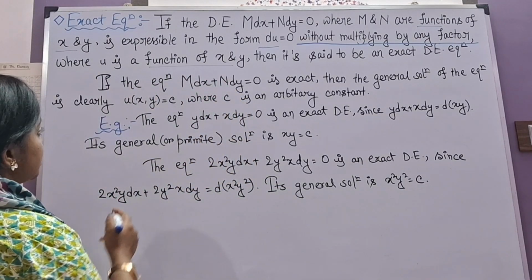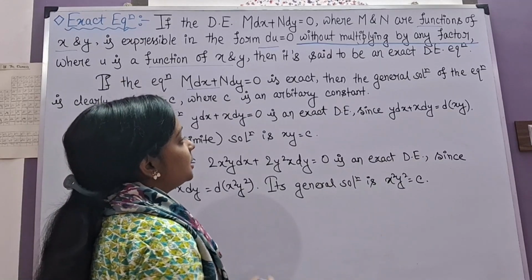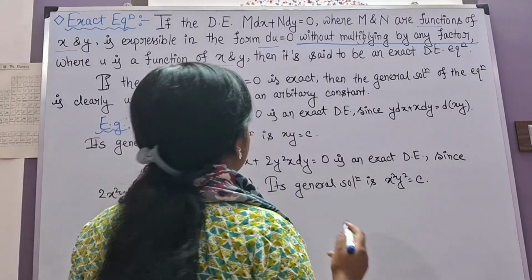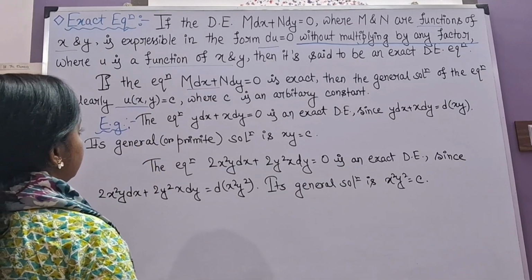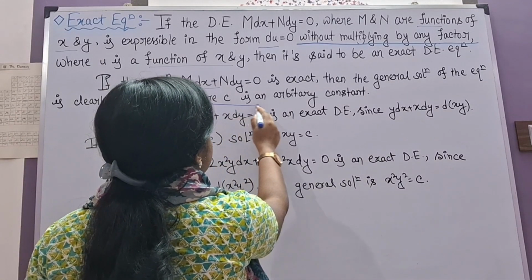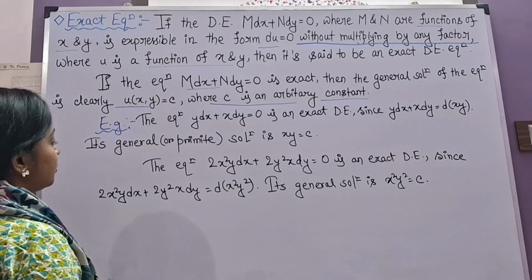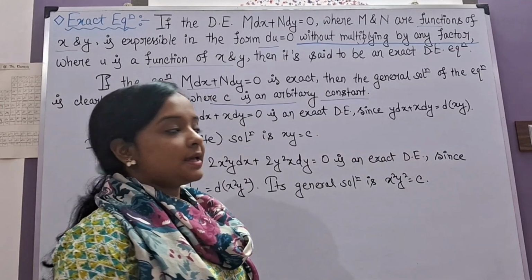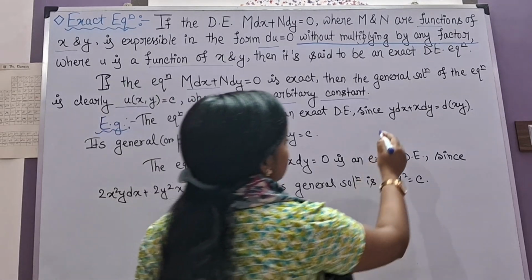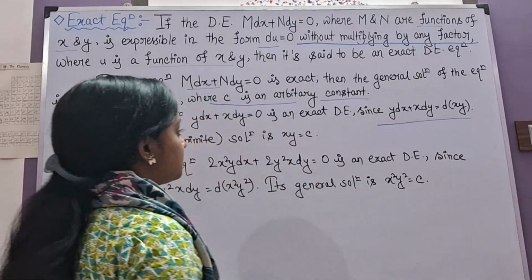So if the equation M dx plus N dy equal to 0 is exact, then the general solution of the equation is clearly u of x comma y equal to c, where c is an arbitrary constant. For example, the equation y dx plus x dy equal to 0 is an exact differential equation since y dx plus x dy equal to d of xy.